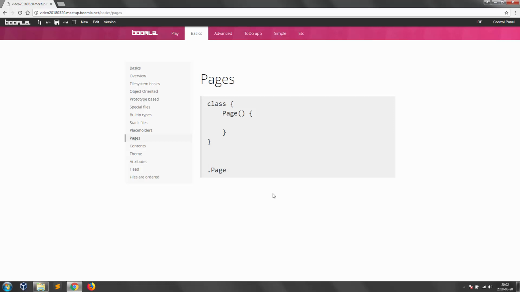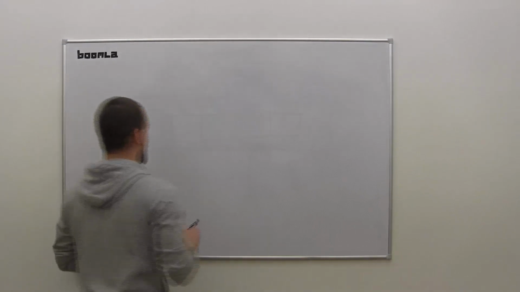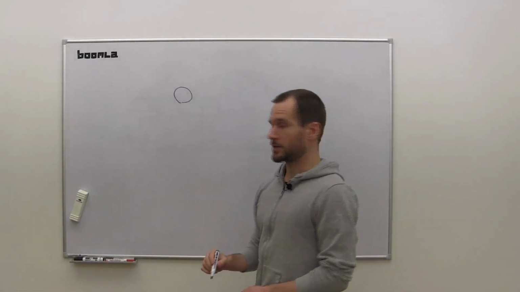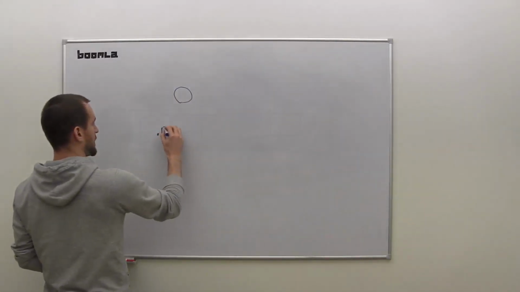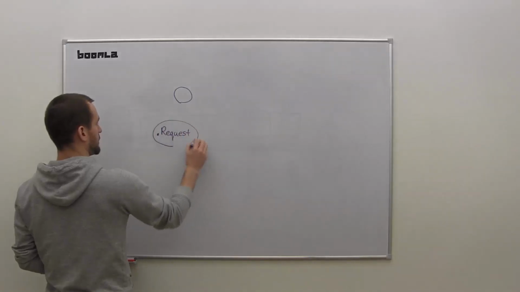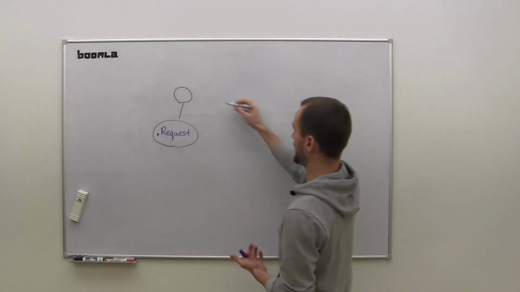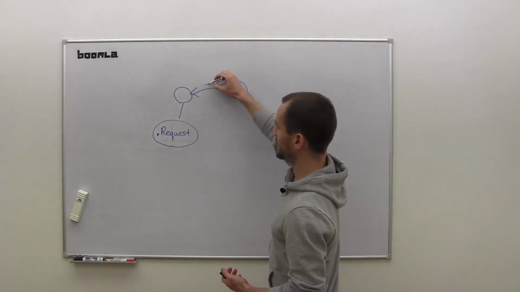So if I draw again, let's say that this is an application and maybe it has a .request file. And you create a new instance of that by pointing the type here.